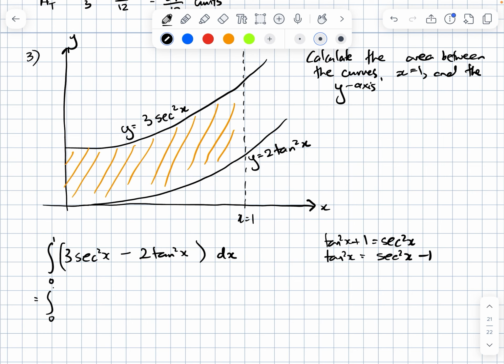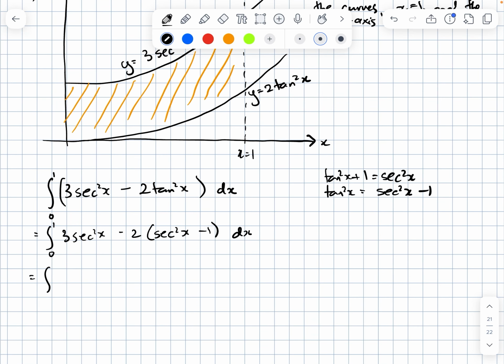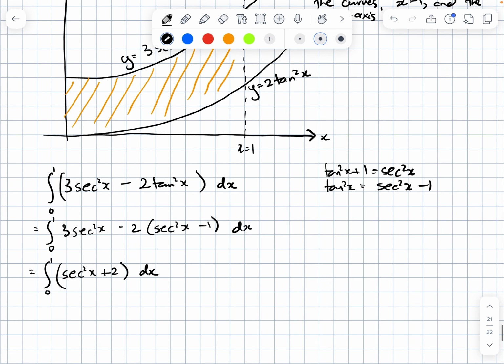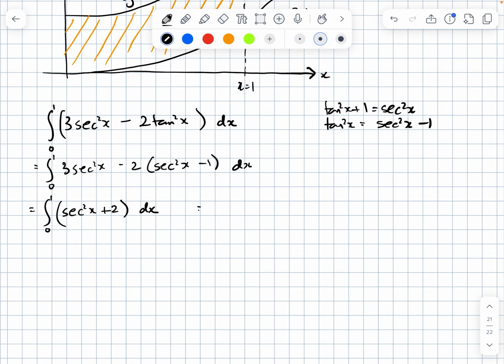Integral between 0 and 1 of 3 sec squared x minus 2 times sec squared x minus 1, which gives us between 0 and 1 of 3 sec squared x minus 2 sec squared x is just sec squared x, plus 2. Now that as an integrand is quite easy to integrate because sec squared x goes straight to tan and 2 goes to 2x between 1 and 0.